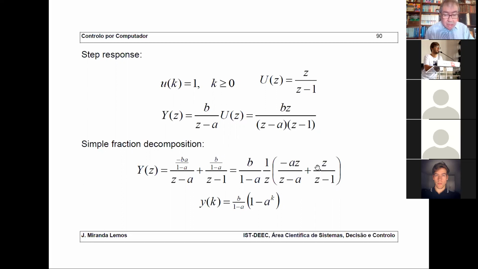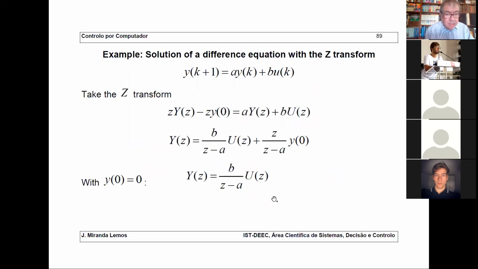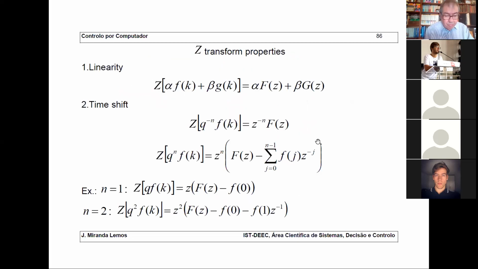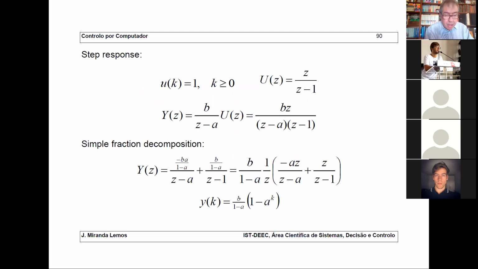If it is always 1, and if you delay it, you still get 1. And here you get the z-transform of a up to k. That's the second example. If you repeat this example with a up to k, you get z divided by z minus a up to k. So you get your expression for y of k.